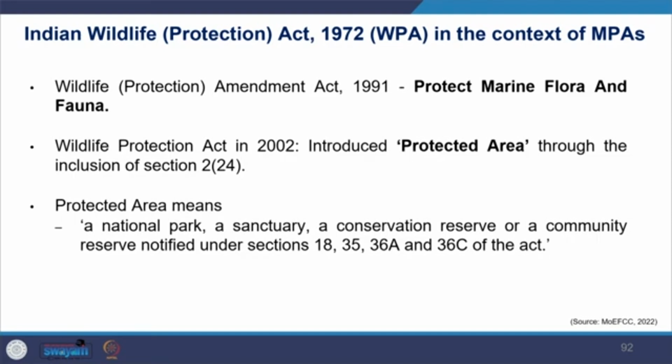Here you see this one particularly introduced the definition of protected areas with the inclusion of certain sections. Under this, if you look at the definition of protected areas, they created national park, sanctuary, then the conservation reserve and the community reserve, that all were identified for the purpose of protection.